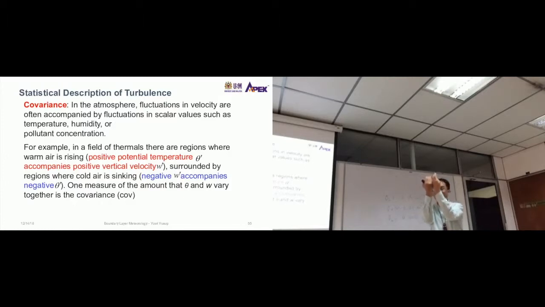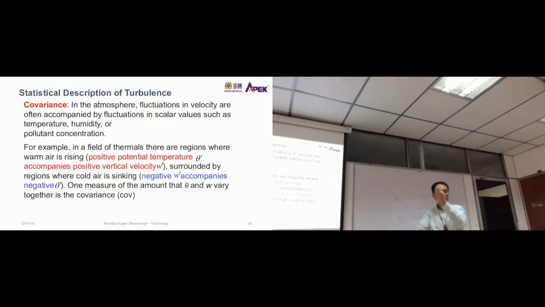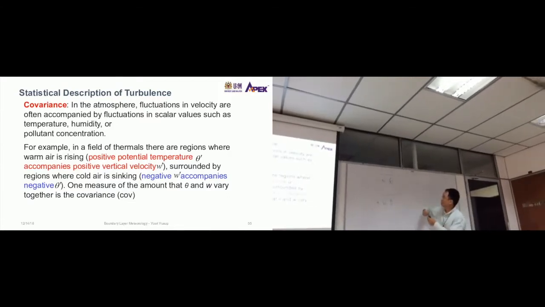A negative flux is when you have w going down and temperature also negative. So that is cold air sinking. This is warm air rising.